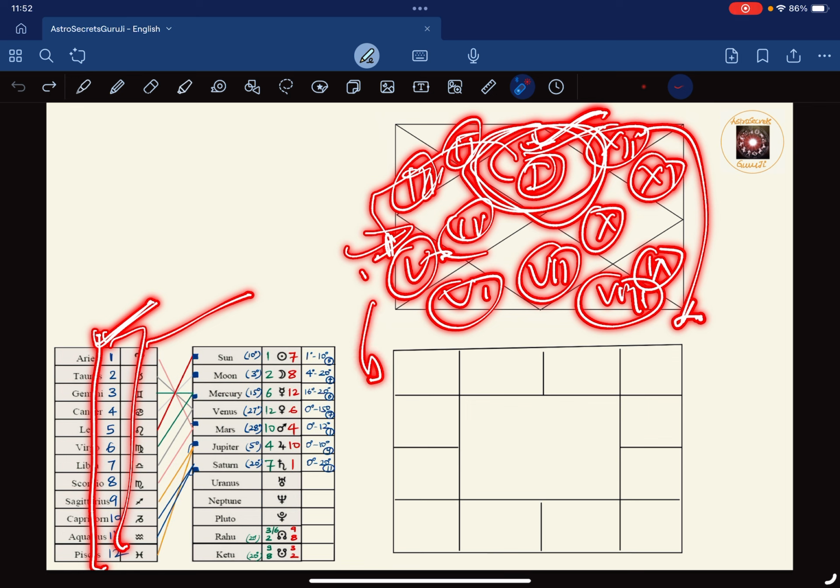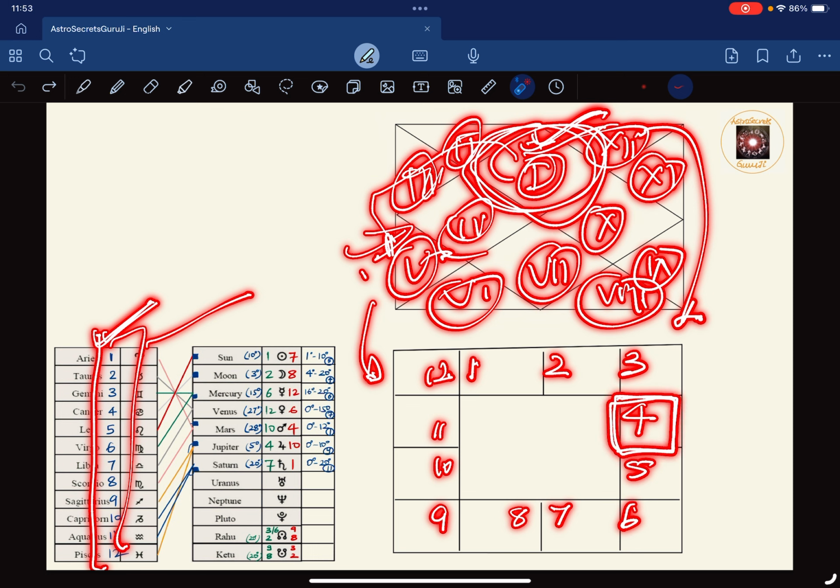The difference you will see here is basically that the signs are fixed. So 1 is written here, 2 is written here, 3 is written here, 4 is written here, 5, 6, 7, 8, 9, 10, 11 and 12, right? And the houses will vary. So let's suppose the ascendant is Cancer, right?